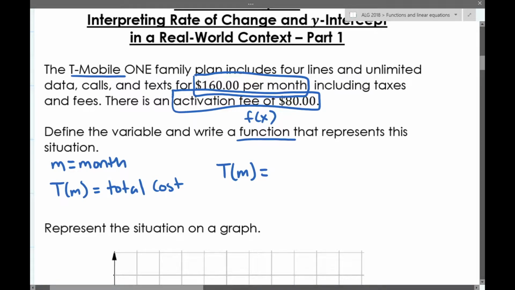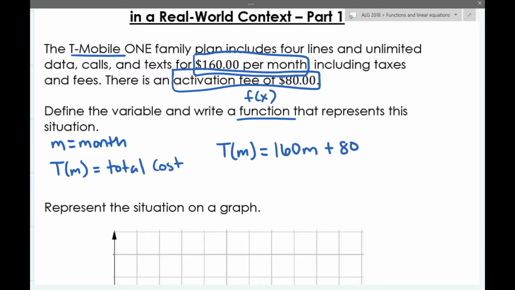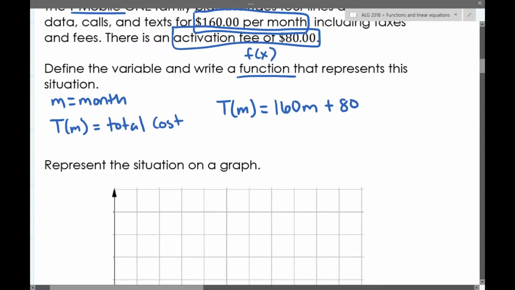No. So since I don't know, I have to put a variable. So 160 M. Once again, M stands for month. Okay. Then there's an activation fee. The activation fee is $80, so that's a plus 80. Now it doesn't say $80 per month, it doesn't say per year, so because of that I can just leave 80 by itself. Alright, so that's it.